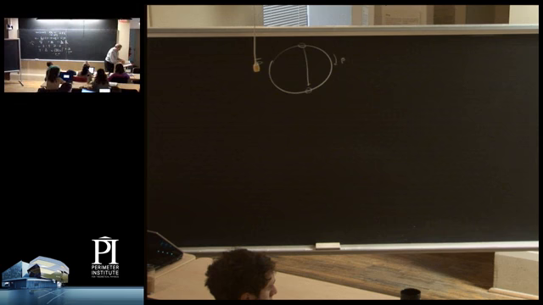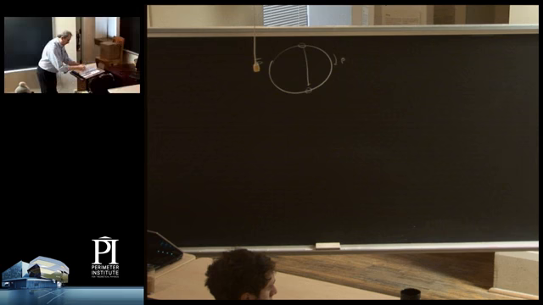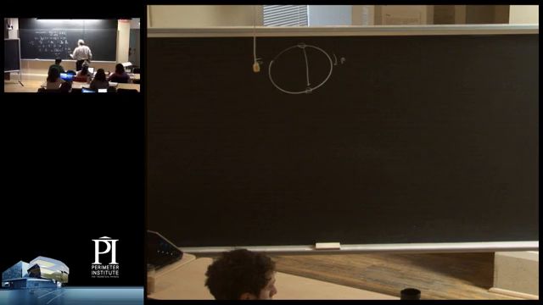Roughly, what you can imagine is that W's can couple to u d-bar, or they can couple to a lepton and a neutrino.